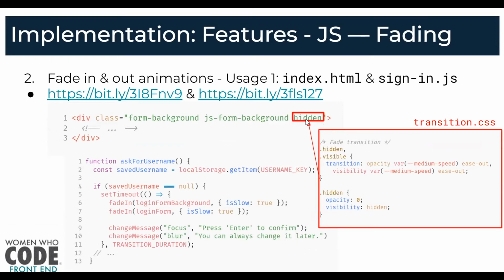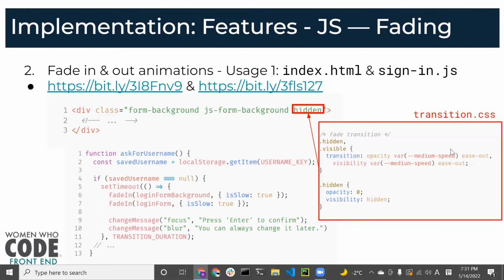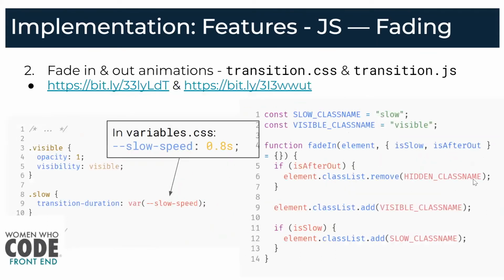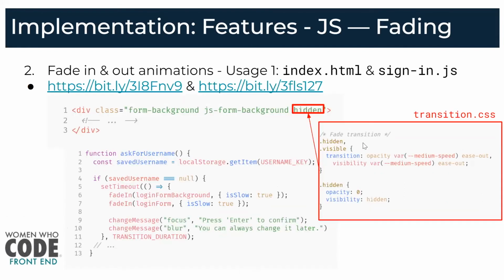And this is something I mentioned here, the hidden class name. It is defined in global.js, which is a file that includes all the variables that are used in more than one JavaScript file.